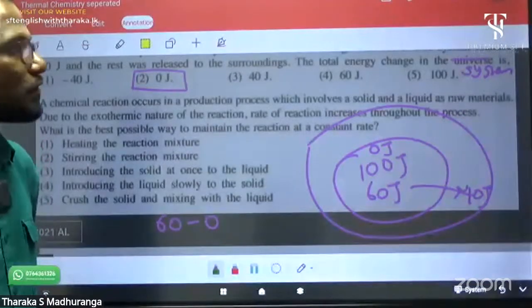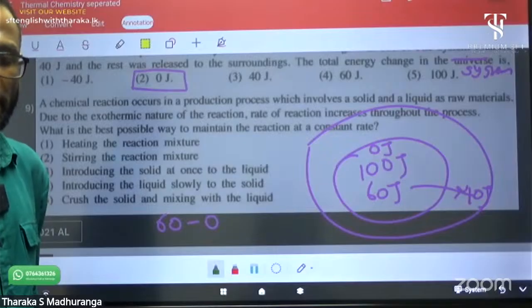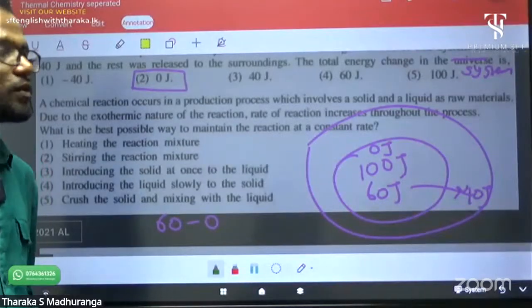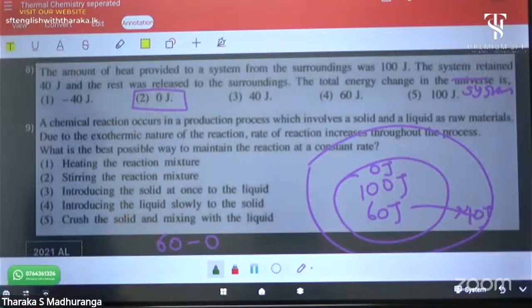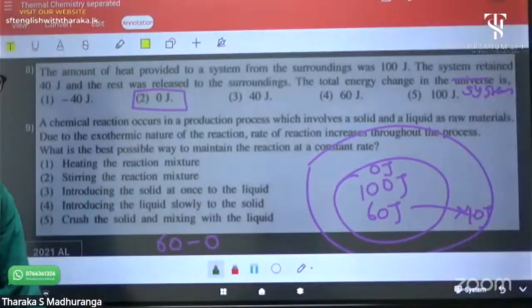It is not 40. Dinul, 40 or 60? Forty joules released to the surrounding. Sorry.